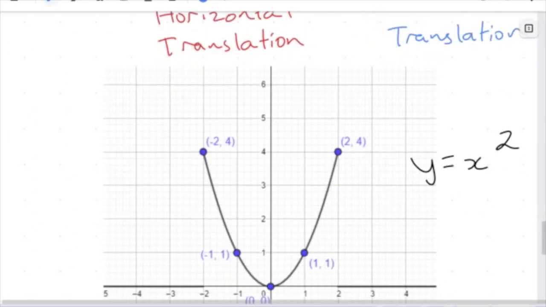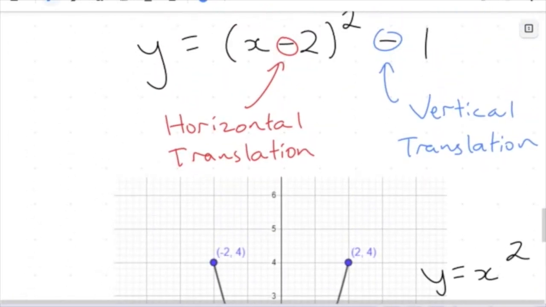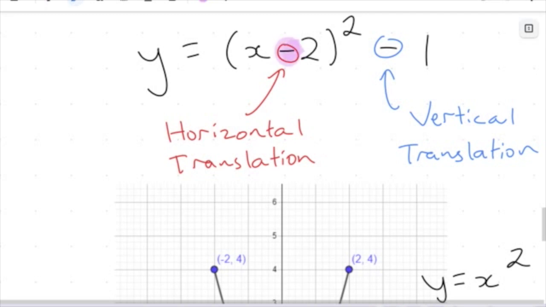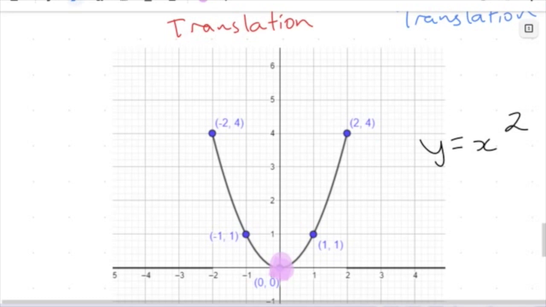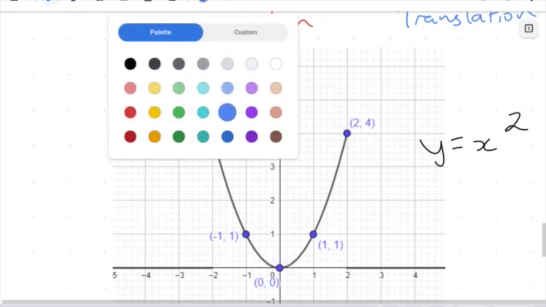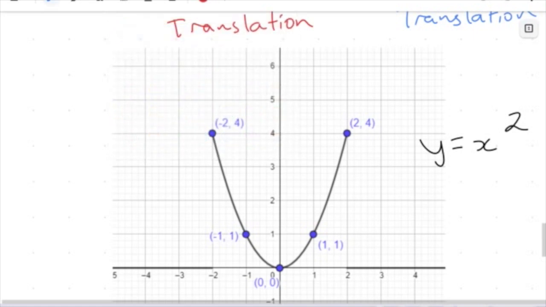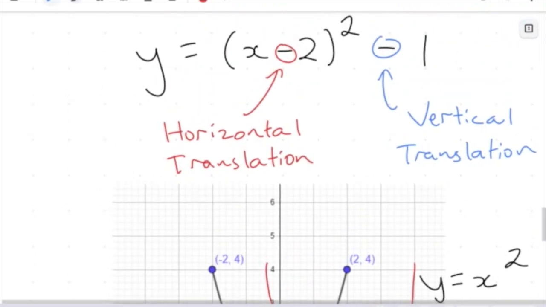So our horizontal translation, that means, well, my sign here is negative, so I am going to be shifting 2 units to the right hand side. You can also test this by finding the x-intercept, but because we're working through these a little bit quicker, I'm going to draw in my first iteration of my parabola. So it's getting shifted 2 units to the right hand side. That's what this constant is telling me.